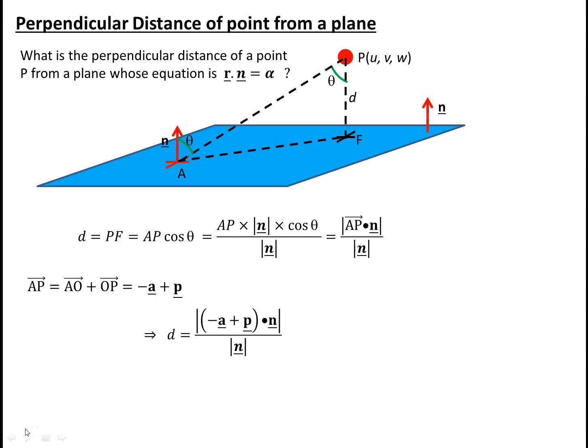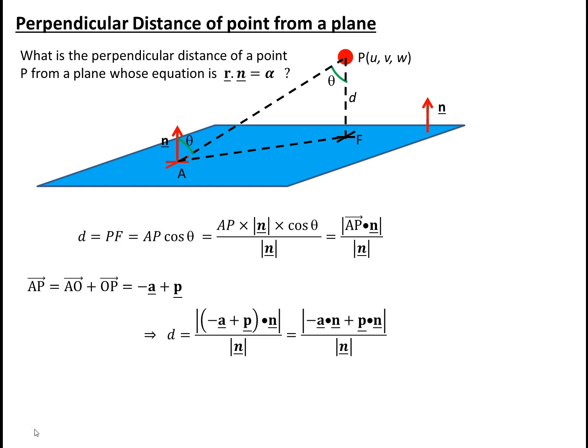Multiplying out the brackets inside the modulus, we get the modulus of minus a dot n plus p dot n, all divided by the size of n. Now we need to remember at this stage that A is a point on the plane, and therefore a dot n is simply going to be alpha.